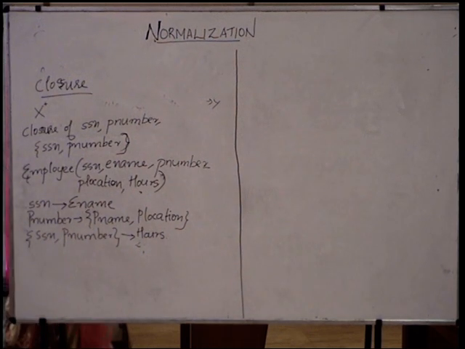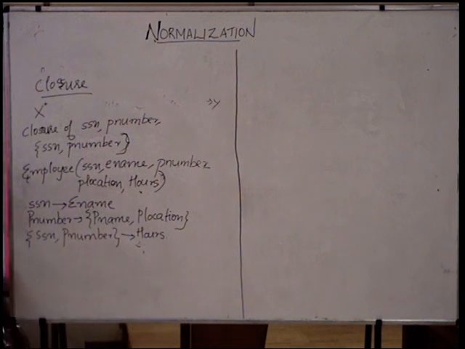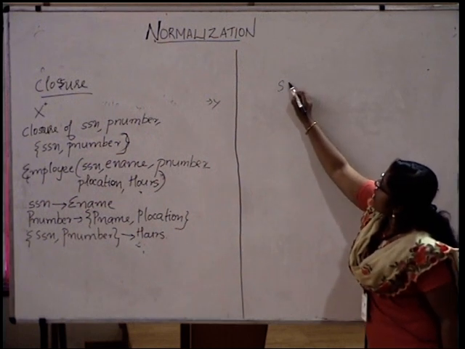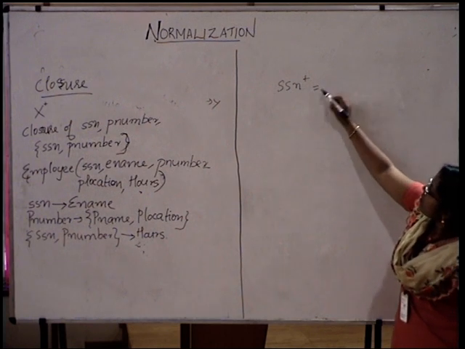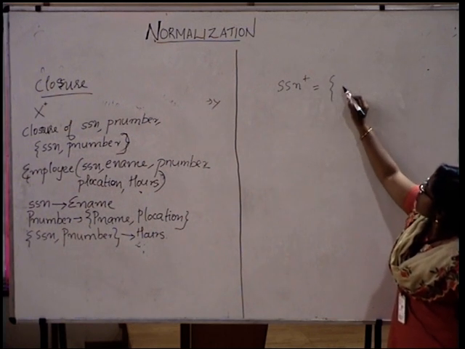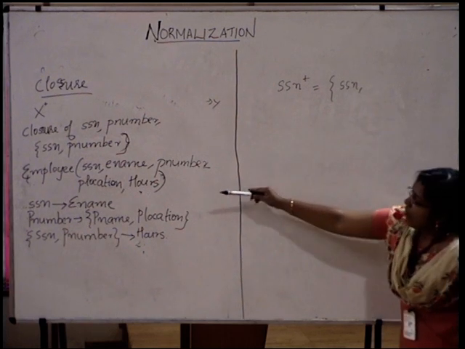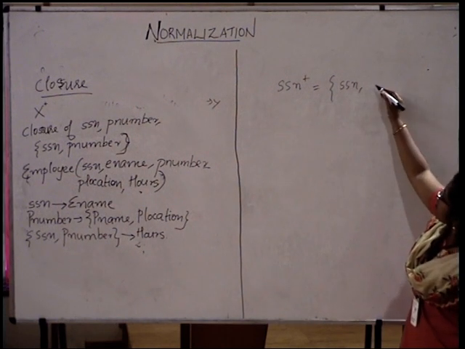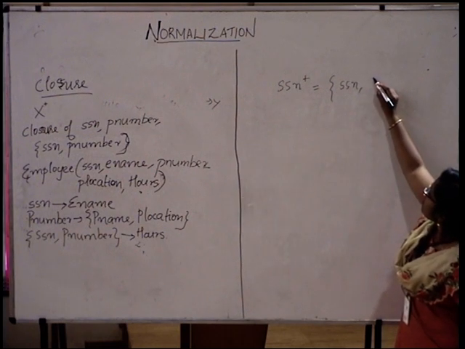So first of all, to find out the closure of SSN, SSN plus, that is SSN closure, is equal to, include SSN first, then we have a functional dependency SSN implies E name. So from SSN, E name is the attribute from the given functional dependency.